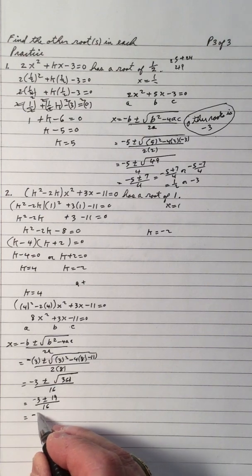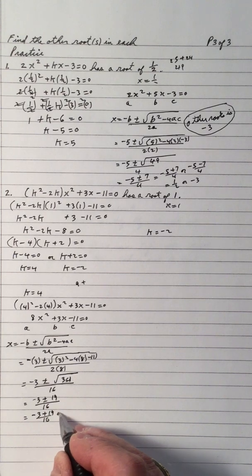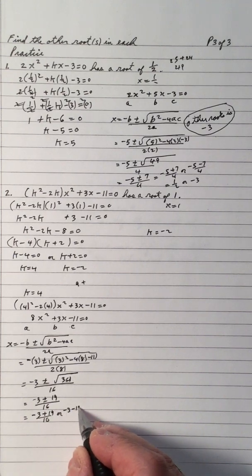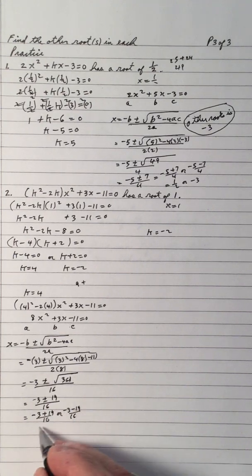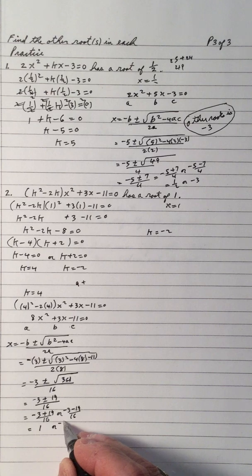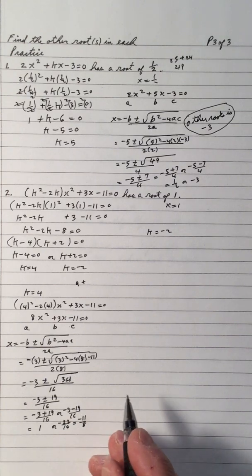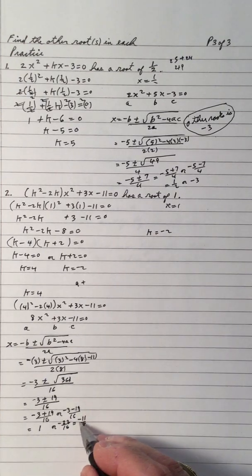So this is negative 3 plus 19 over 16, or negative 3 minus 19 over 16. So that's 16 over 16, which is 1, and the other root is a negative 22 over 16, which is a negative 11 over 8. So we got 1 as a root, so the other root is right there.